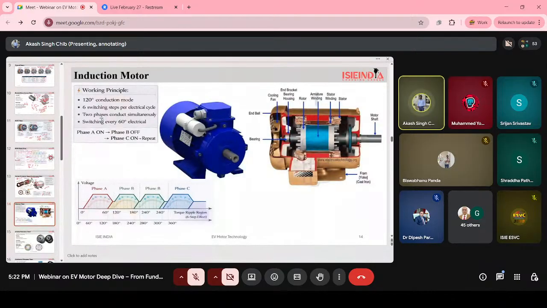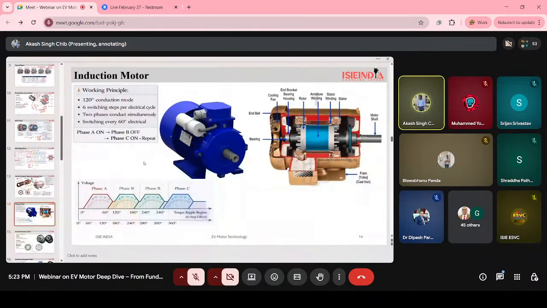Same 120-degree conduction mode. In each conduction mode, we have two switching steps, and for a 360-degree smooth rotation, we have a total of six switching steps per cycle. Okay. Phase A on, phase B off, phase C on. This process works repeatedly and continuously.